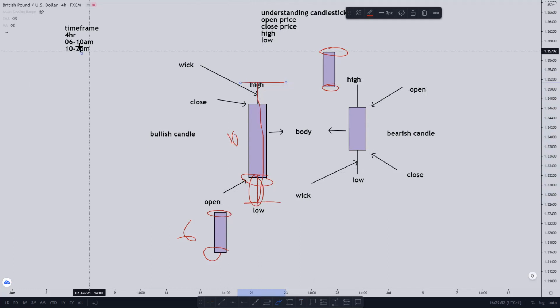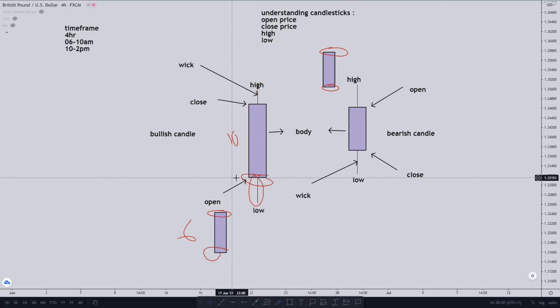Then at 2 p.m., when it's time for the candlestick to close and the price is here, this is where the candlestick is going to close. Let me just repeat myself so that I don't confuse you.